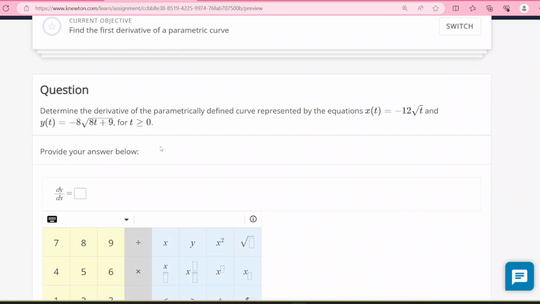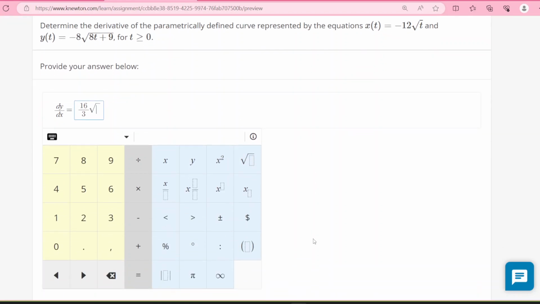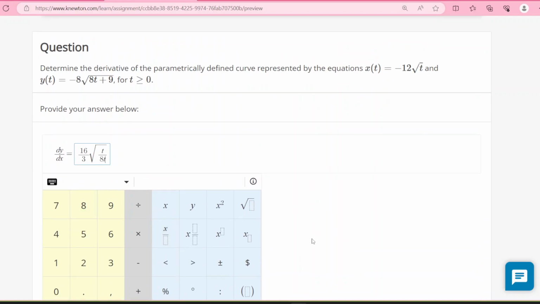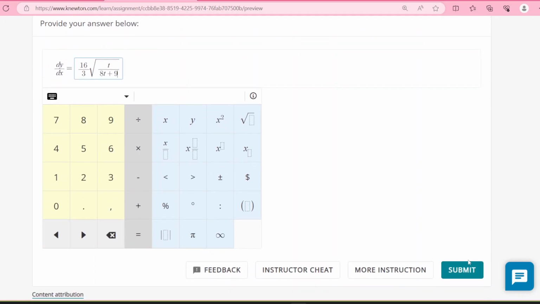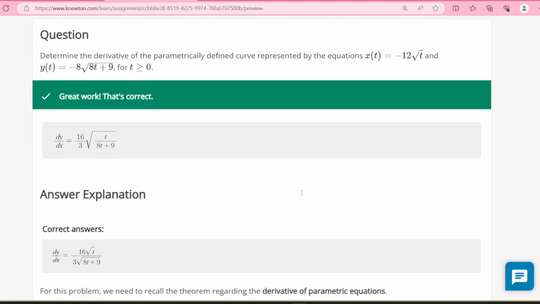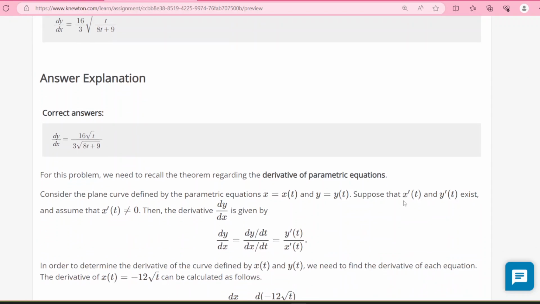So we're just entering this expression depending on t here: 16 thirds times the square root of a fraction, and inside that square root is t over 8t plus 9. And this should be good. Great. They wrote it with the square root separate, but whatever. It's equivalent.